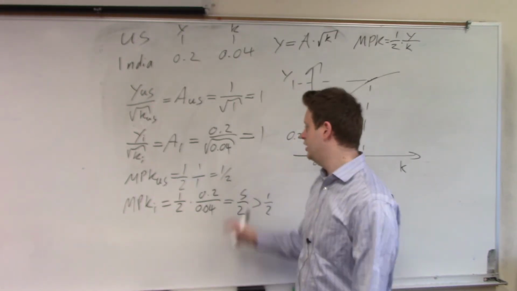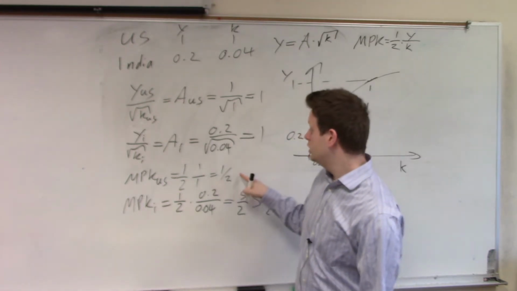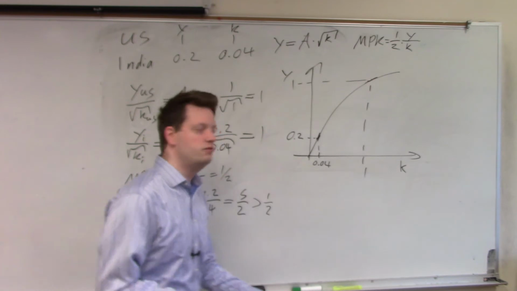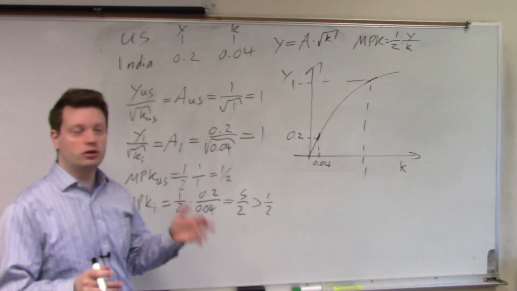Okay, so we find the return on capital in the US, or marginal product of capital in the US, is much lower than in India, which means I should invest heavily in India. And we can also look at that graphically.